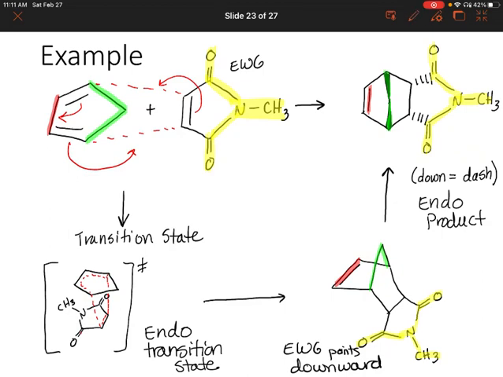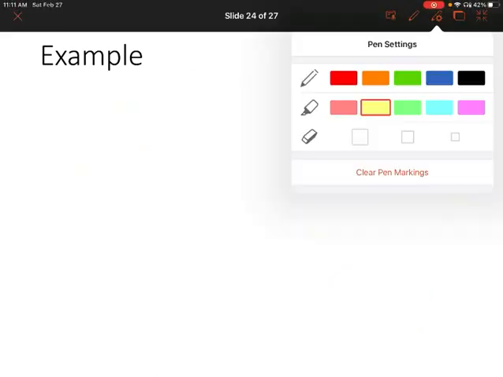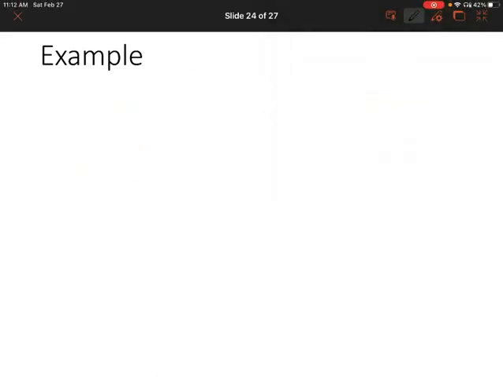So let's do another example. Let's show one where we have some groups pointing in and some pointing out.